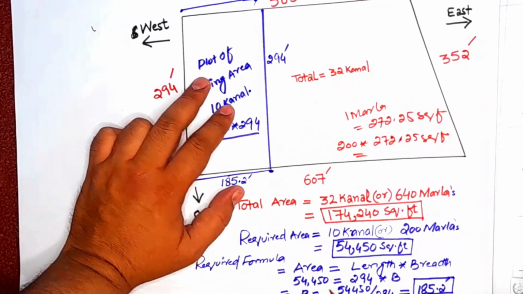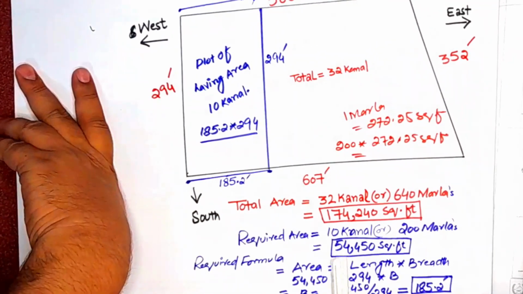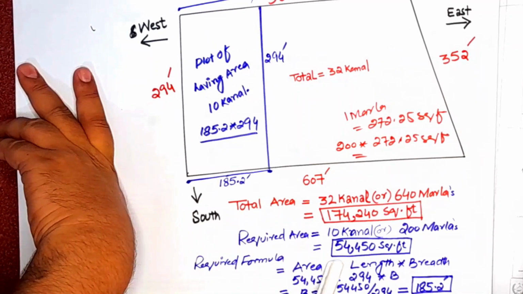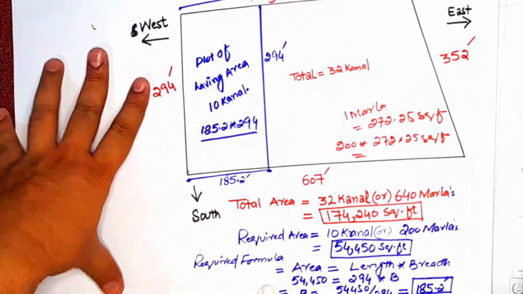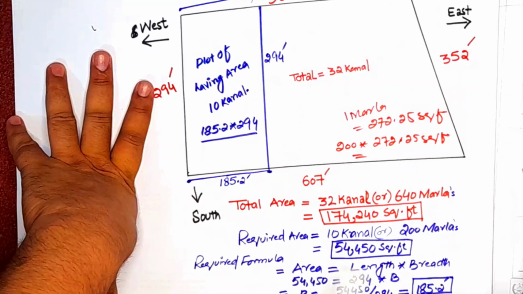The 10 canal area becomes 54,450 square feet. The formula used for calculation of area is length multiplied by breadth.